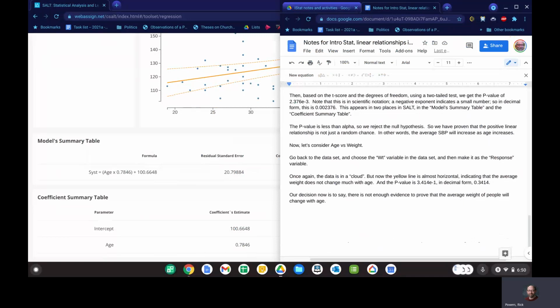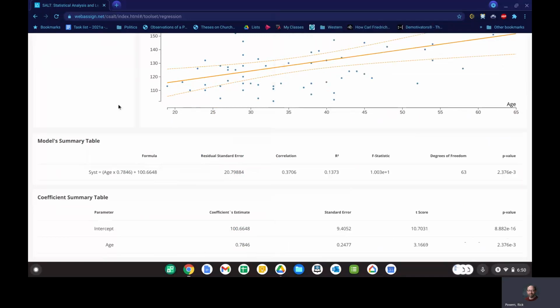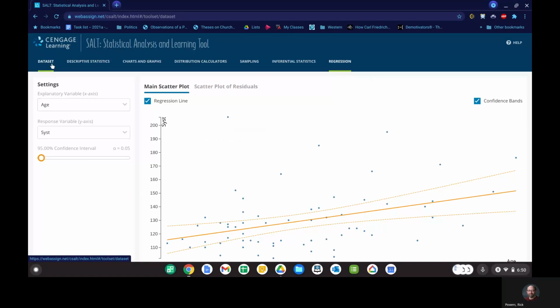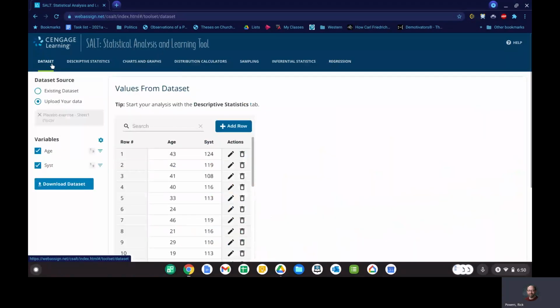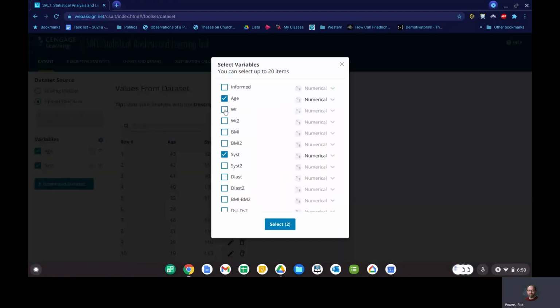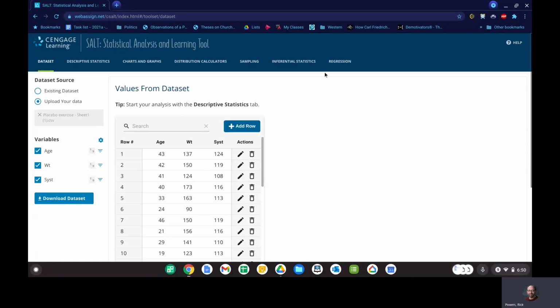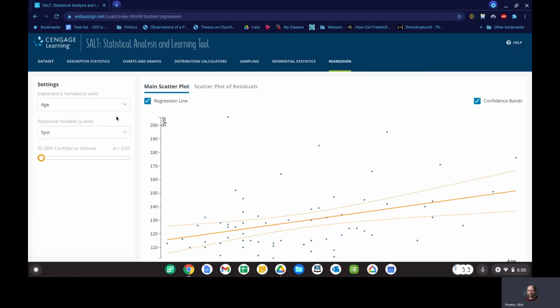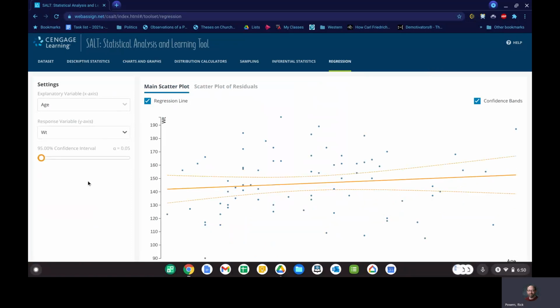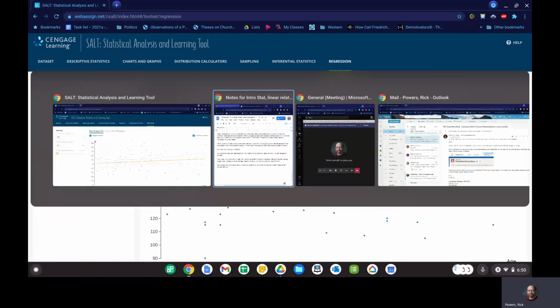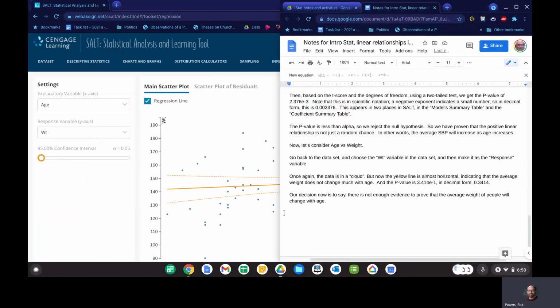Now, let's consider age versus weight. Go back to the data set. And now we will choose weight, just WT as a variable. And then under regression, we choose weight as the response variable. Once again, the data is in a cloud.